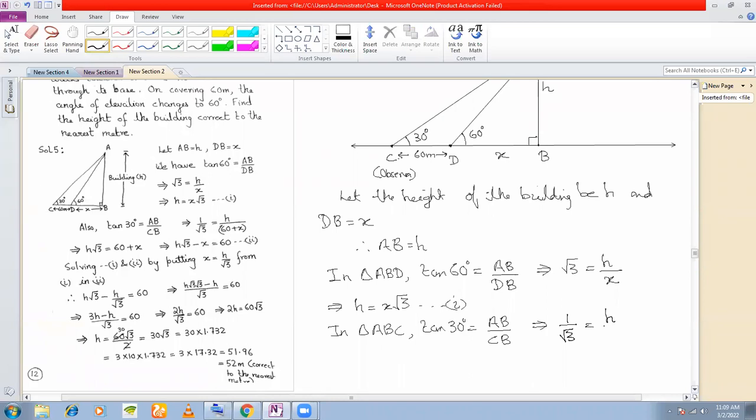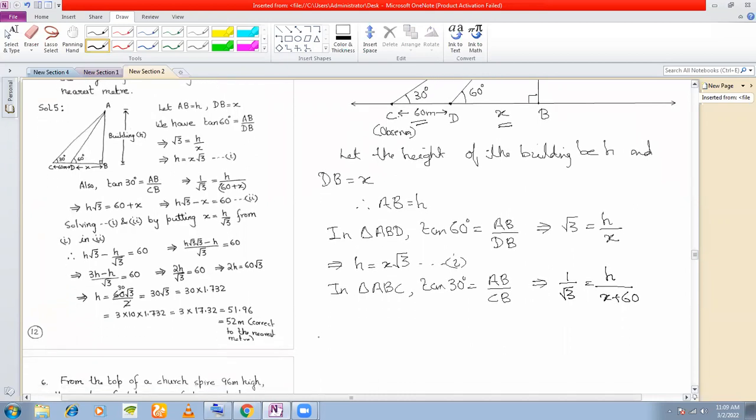AB is H, and CB, if you see the entire length, is this length X plus 60, right? So this will give us our second equation. We get X plus 60 is equal to H√3. Call this equation number 2.